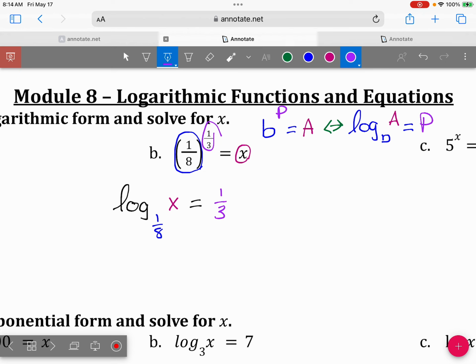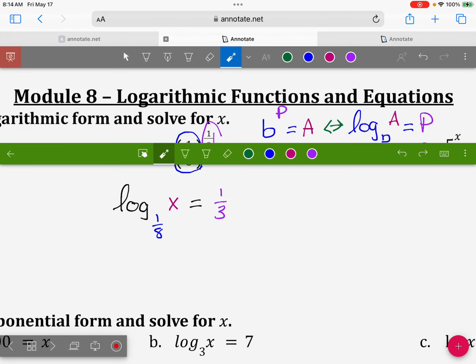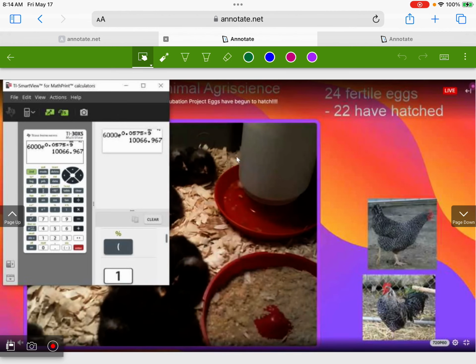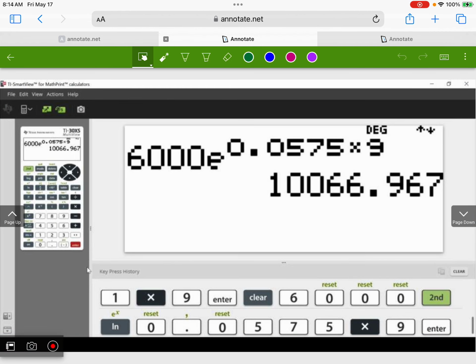Honestly, to get the answer, it's easier here because this is 1/8 to the power of 1/3, and we can type that in the calculator. Get my calculator over to the correct page.